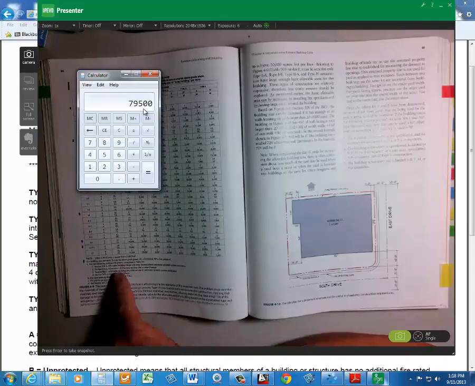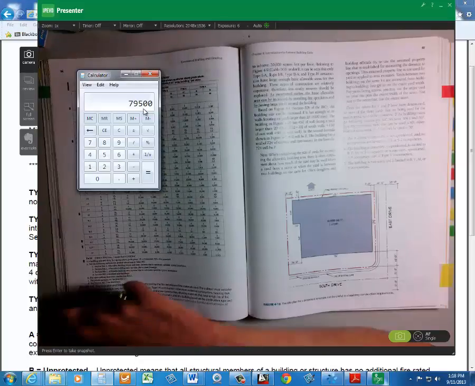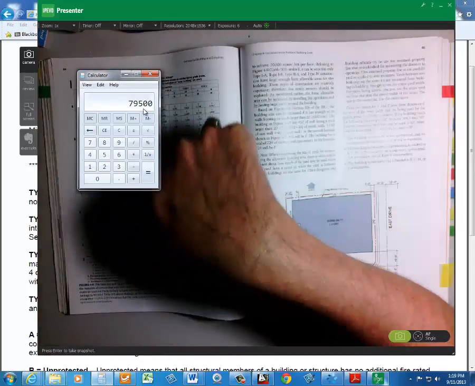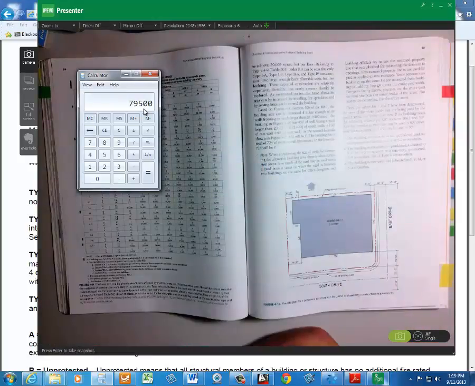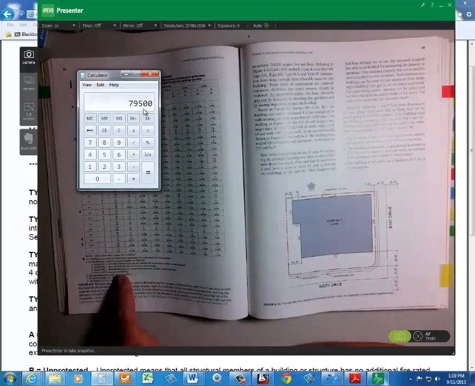What does this mean about the numbers for area that you're seeing on here and height? And area.